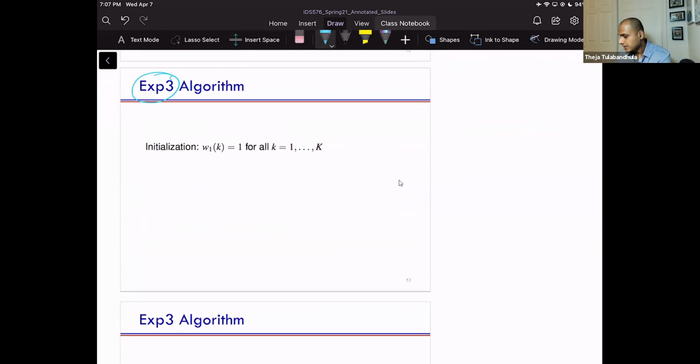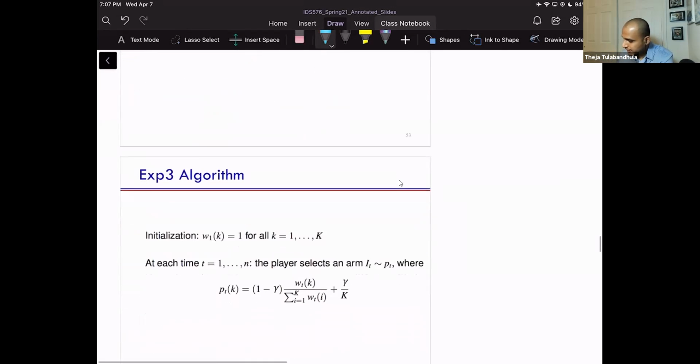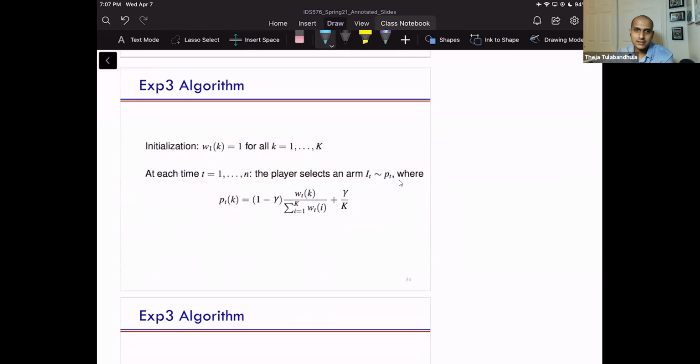It says that if you have capital K decisions to make, 2 decisions or 3 decisions or 5 decisions, then you maintain weights, a number for each of the K decisions. And then you create a distribution over these decisions, over these actions. And how do you create a distribution? You can just say, I have a bunch of numbers.